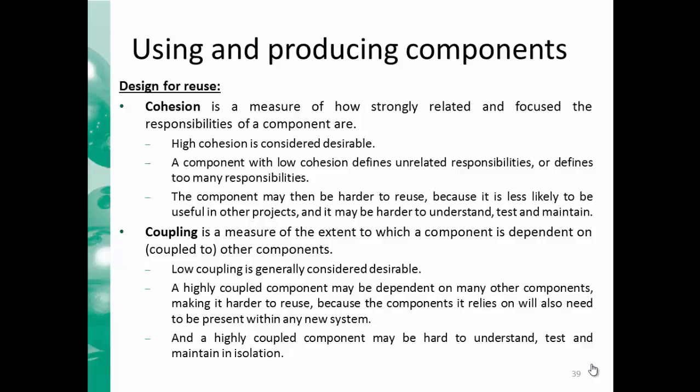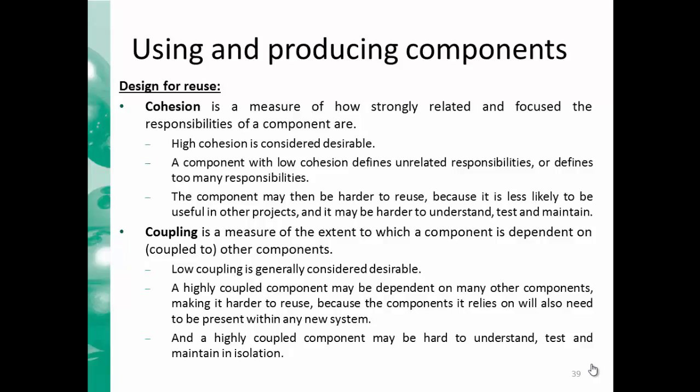So try to build a component that doesn't depend much on other components. Of course, it cannot be isolated from other components, but it should not depend on them totally. So what is desirable here is a low coupling component.